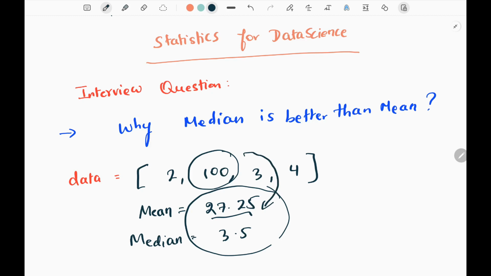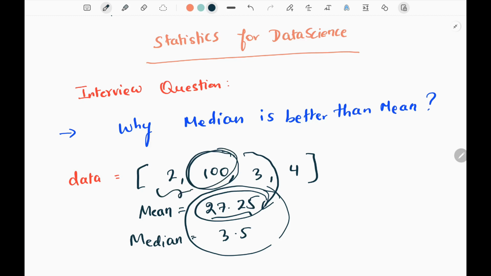So assume we need to avoid all the values that are less than 27. If I do that, I'm going to avoid many useful values, right? Just because of one value, I'm going to avoid a lot of useful values. See, the other values 2, 3, 4 are just normal.